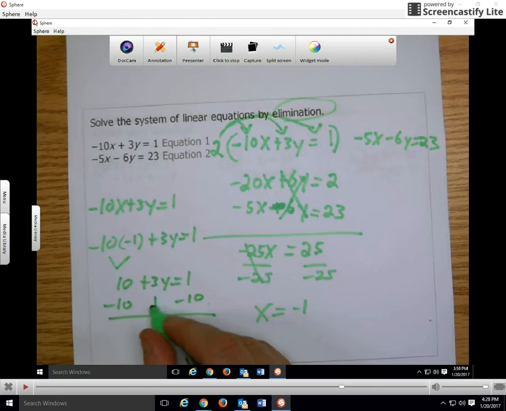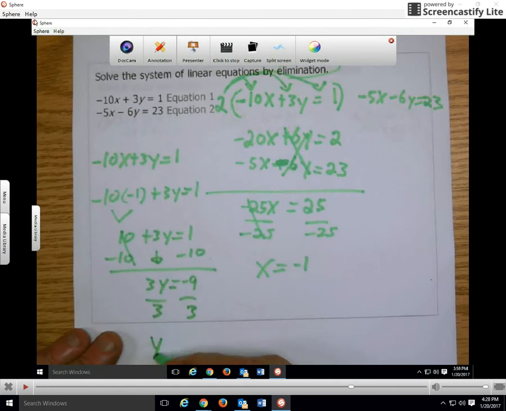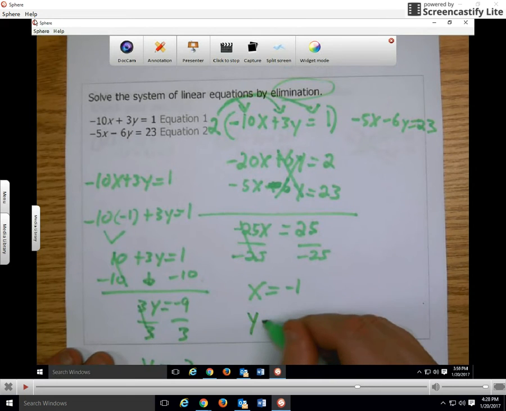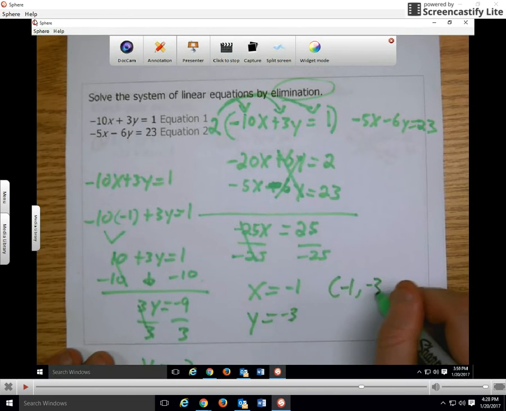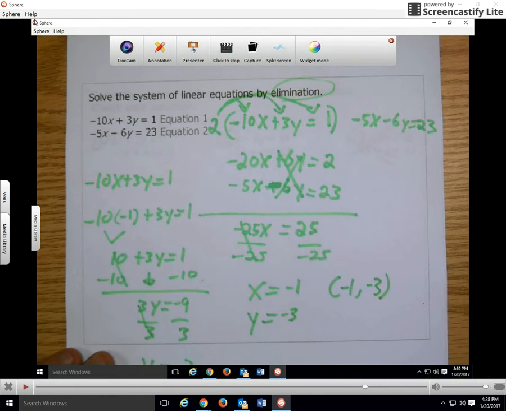Okay, and then we just solve for y here, so bring down the 3y, equals negative 9, divide, y equals negative 3. So we have our x, and we have our y, so we have our ordered pair, we have a solution to the system.